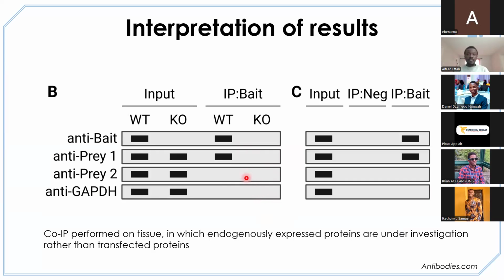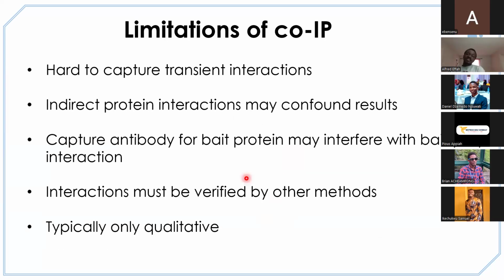Yeah. So now, what are some of the limitations? We will be able to tell that these two proteins are interacting. But what if the interaction is just for a short period? So when you take translation, for instance, a lot of things come together to work with the RNA polymerase.